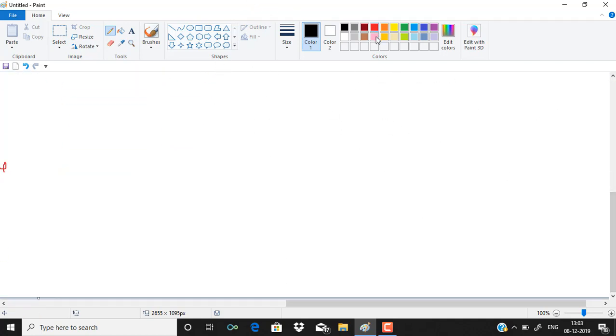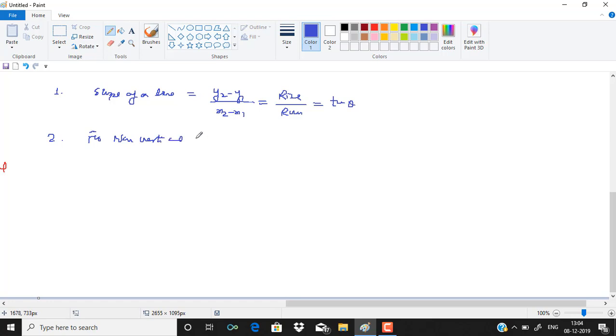Now let us summarize what we have done so far. Number 1 is slope of line. It is y2 minus y1 over x2 minus x1, or you can say rise over run, or you can simply say tan of theta. Number 2, for non-vertical parallel lines, slopes are equal. For non-vertical perpendicular lines, product of the slope is minus 1.